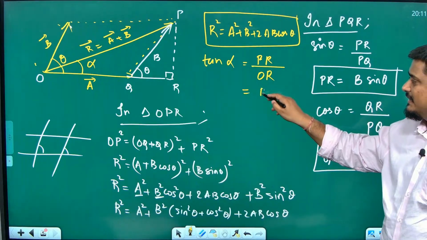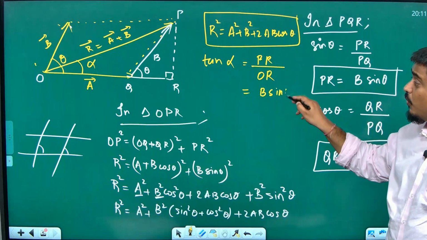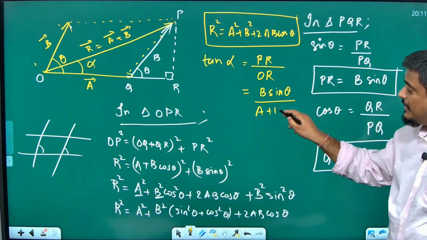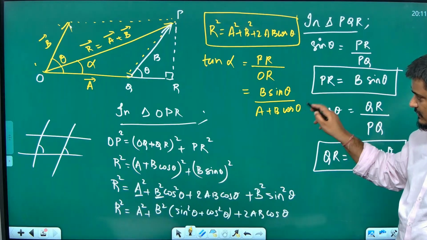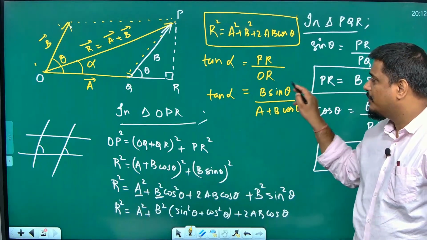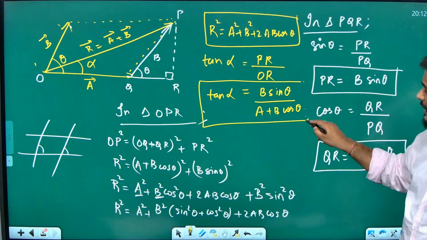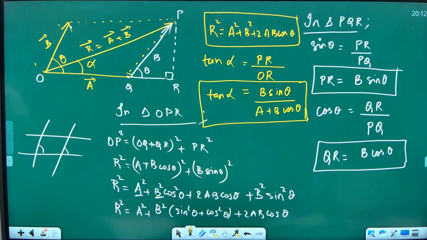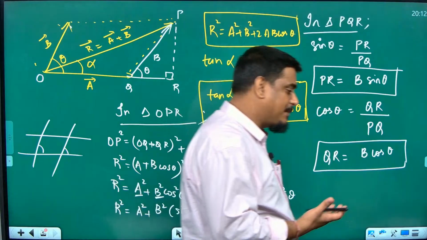B sin theta. What is OR? A plus B cos theta. So we understand that tan alpha will be B sin theta by A plus B cos theta. This is how we find the direction of the resultant. Is it clear to you? Any problem in this?